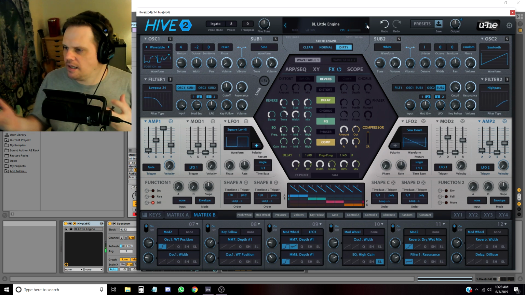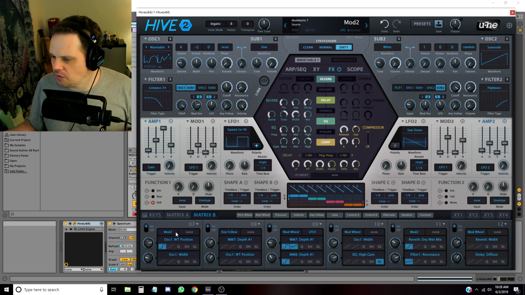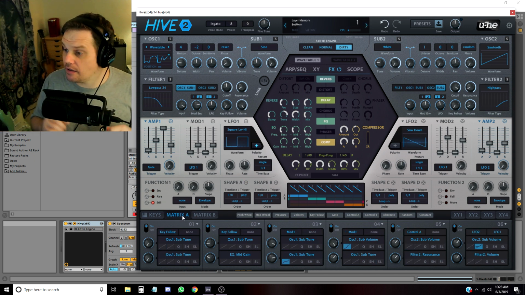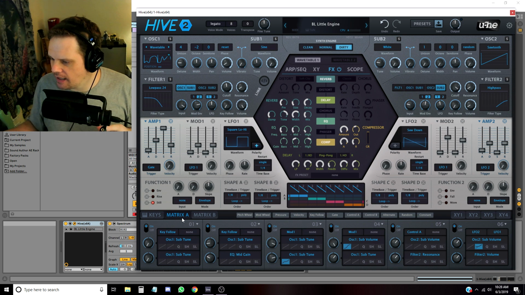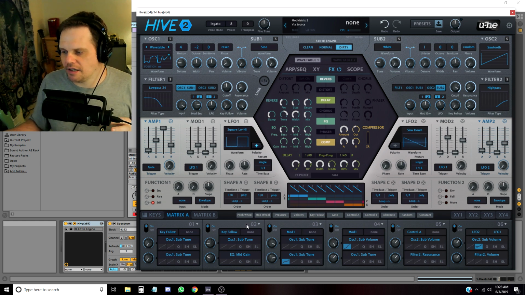I did a thing. I've got a couple of patches like this, and I figured out a way to de-key track an oscillator. And as you can see, it's the first thing that I did here in the mod matrix. It actually takes up 3 spots, and you have to go -100, -100, -66.67 on either the oscillator tune or the sub tune.